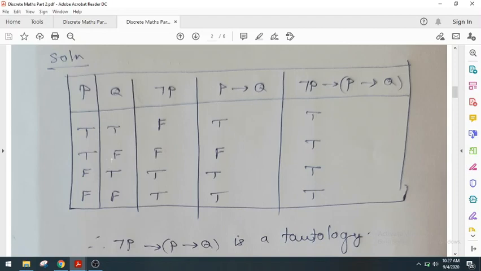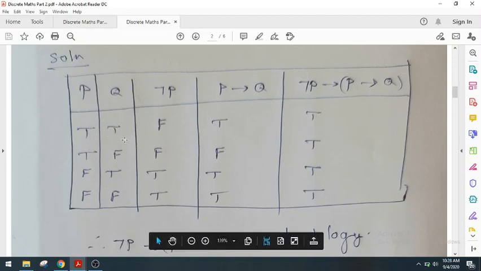Look at here, in the second row only we have T, F, therefore we got F here, otherwise true, because in the remaining rows we don't have that term TF, therefore the remaining all are T.